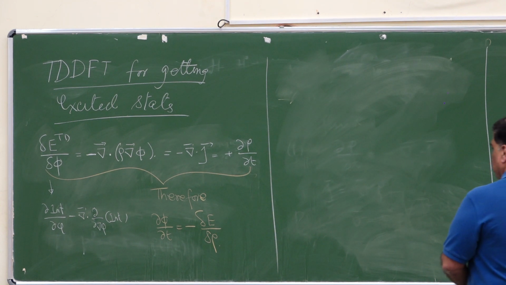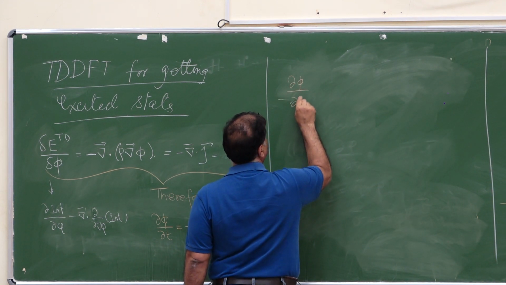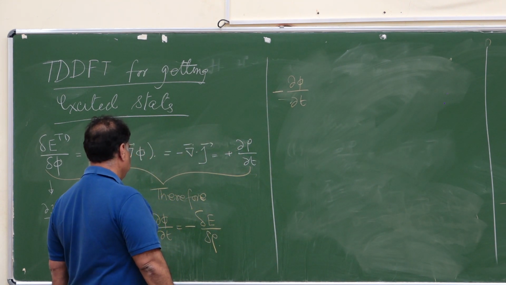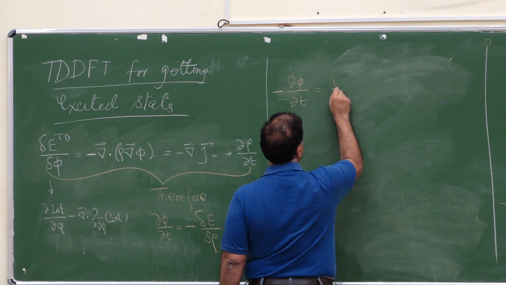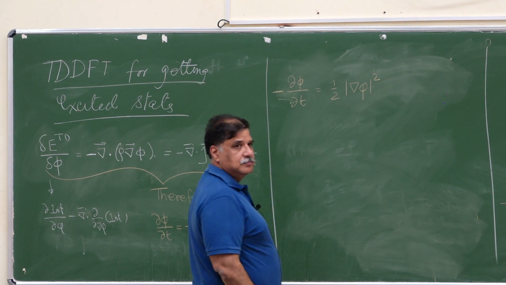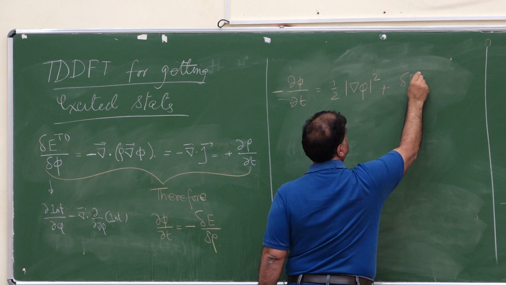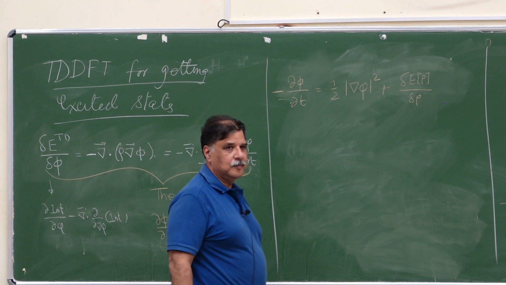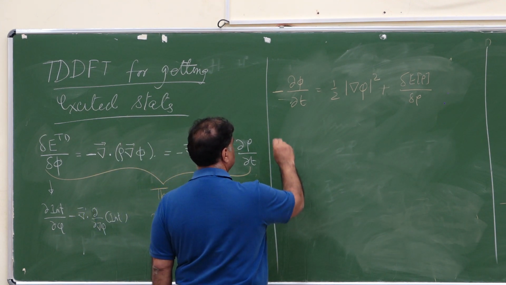If I do that, I get d phi dt. I'll put the minus sign on the other side so that I don't write it again and again. I take d by d rho, which will be equal to one half grad phi squared plus delta E rho delta rho. All this was done in the context of Thomas Fermi theory.